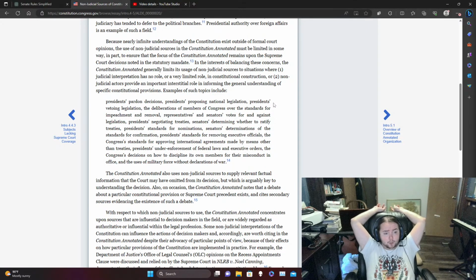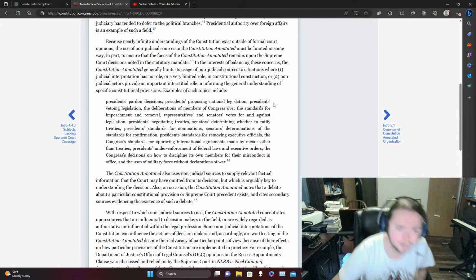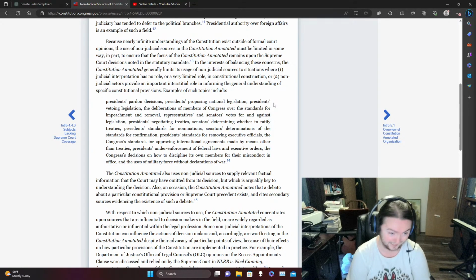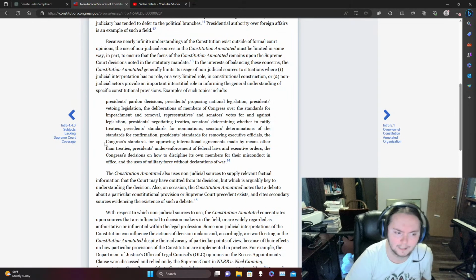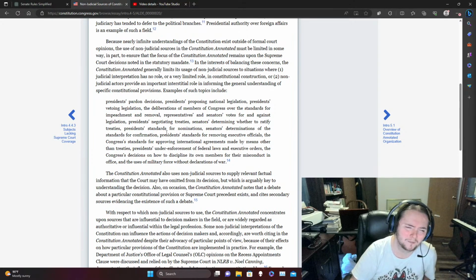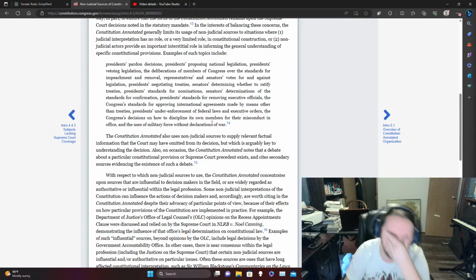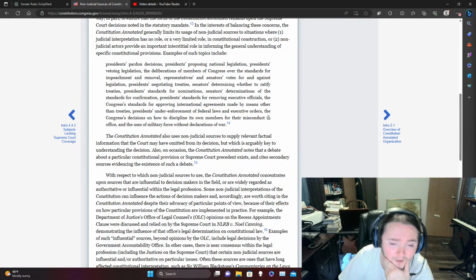Examples of such topics include presidents' pardon decisions, presidents proposing national legislation, presidents' vetoes of legislation, the deliberations of members of Congress over the standards for impeachment and removal, representatives' and senators' votes for and against legislation, presidents negotiating treaties, senators determining whether to ratify treaties, presidents' standards for nominations, senators' determinations of the standards for confirmation, presidents' standards for removing executive officials, the Congress's standards for approving international agreements made by means other than treaties, and the president's underenforcement of federal laws and executive orders.